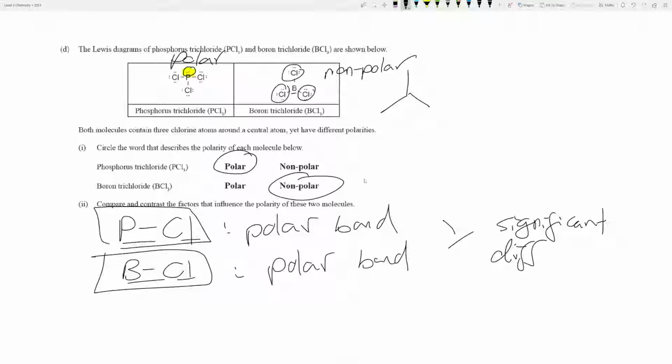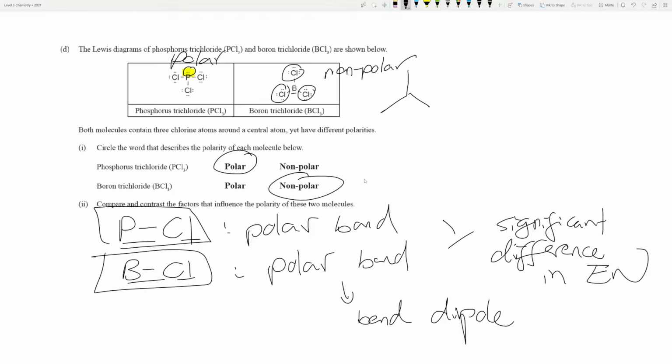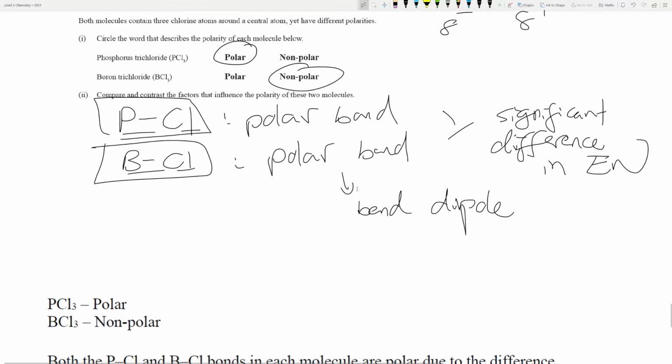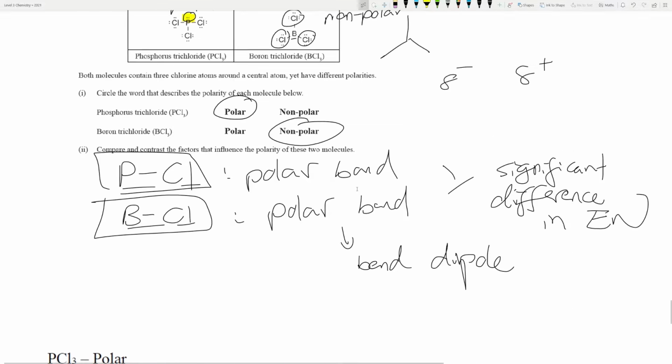That means one of those atoms is going to want electrons more than the other, so they unevenly share those electrons. When you create polar bonds, you make bond dipoles. What is a bond dipole? It just means you got one side that's positive, one side that's negative. Di means two, pole means charge, so you created two charges.